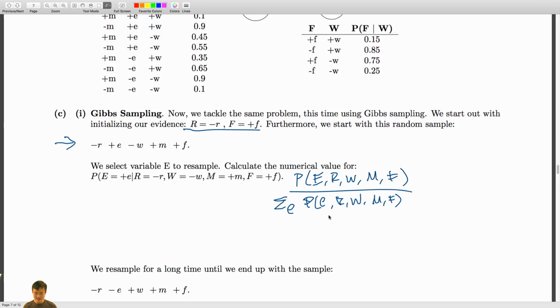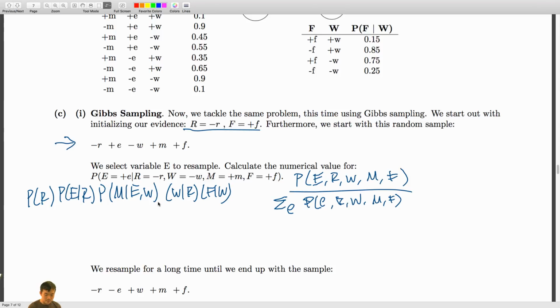To compute this probability from the factors we have, we can expand out the joint as a product of factors. On the numerator, we would have probability of R, probability of E given R, probability of M given E and W, probability of W given R, and probability of F given W, all multiplied together.